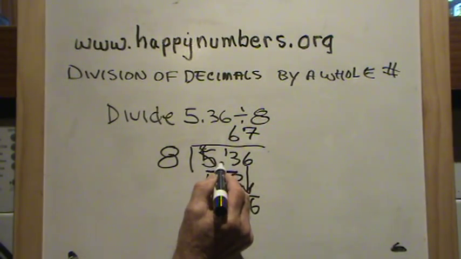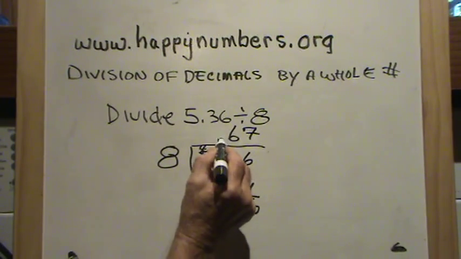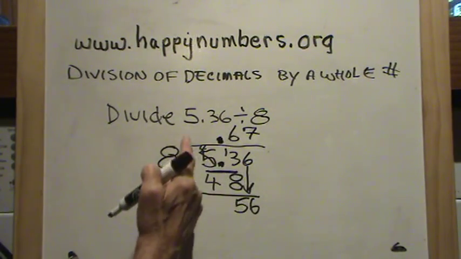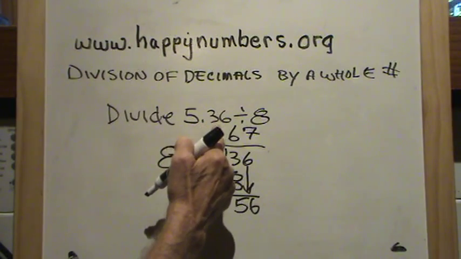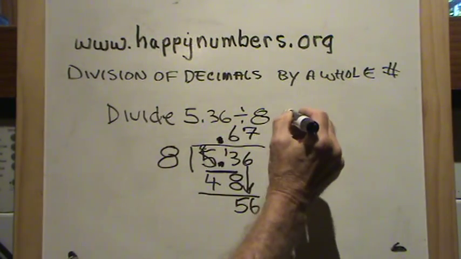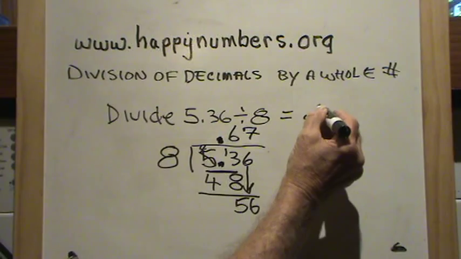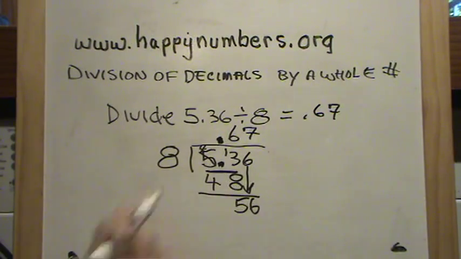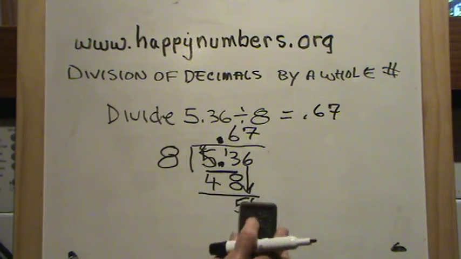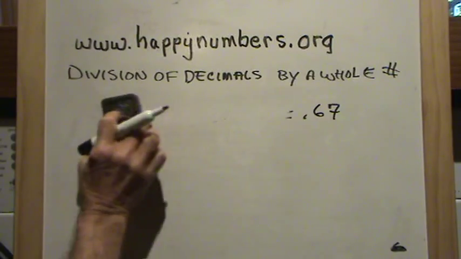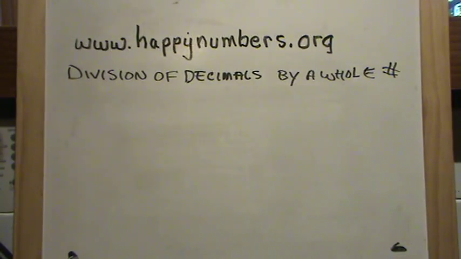And then we take our decimal place and we just put it in the answer. So 5 3600ths divided by 8 is equal to 67 hundredths. And that's all there is to division of decimals by a whole number. Let's take another problem.